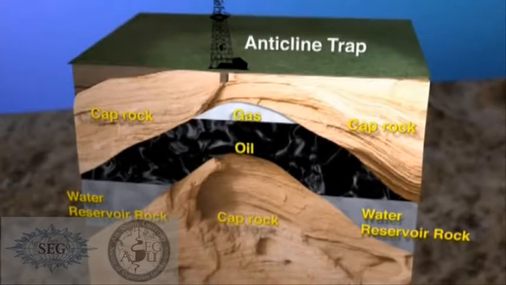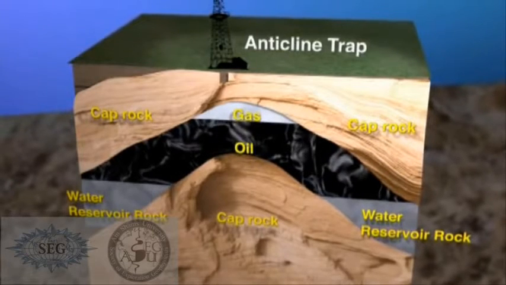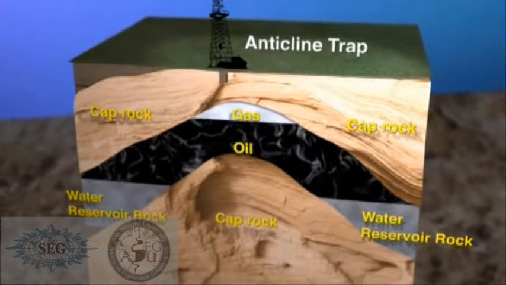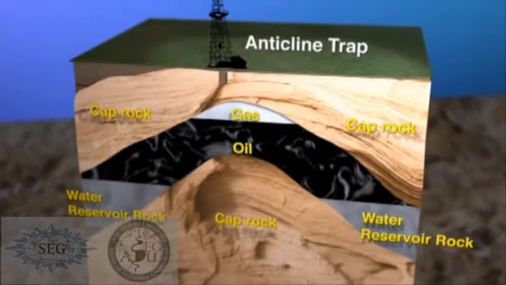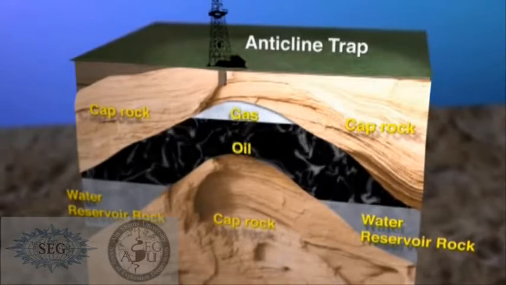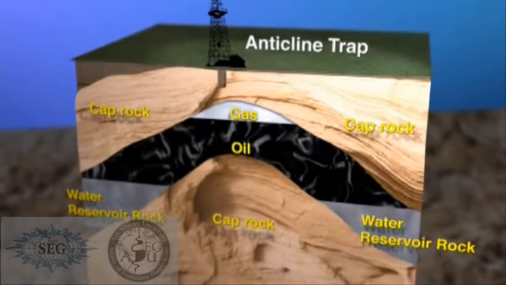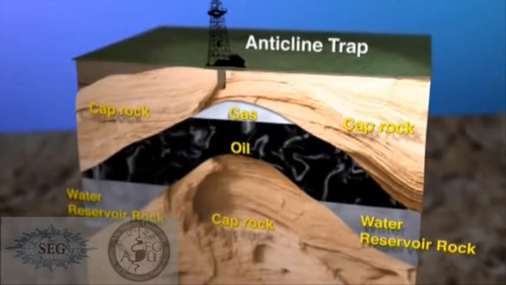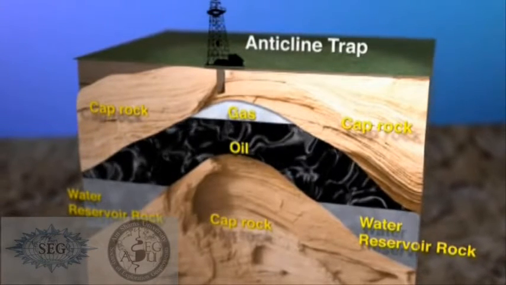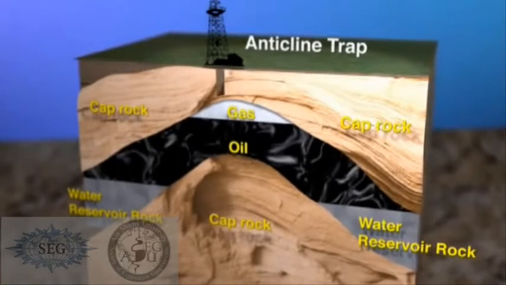Again, the surface is green, and underground the brown is the caprock. The one underneath the caprock is our reservoir rock, and once again we can see gas, oil, water in the same order. So both of these are taking all 3 of our concepts and putting them together to make oil and gas traps.